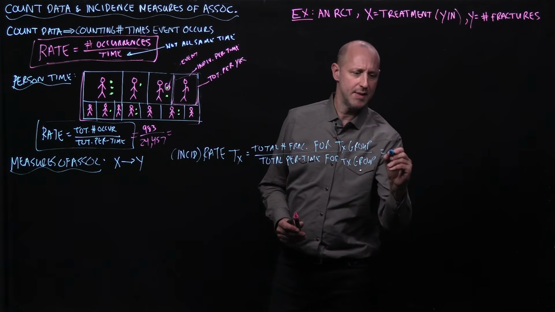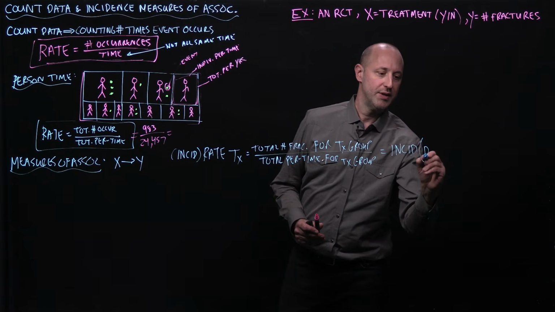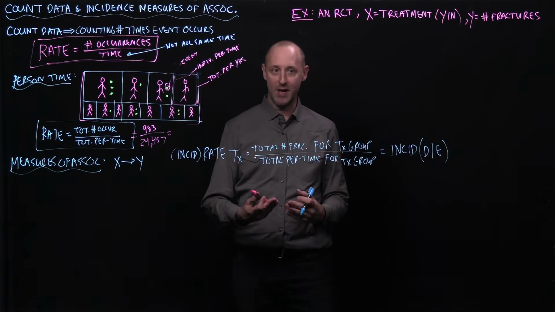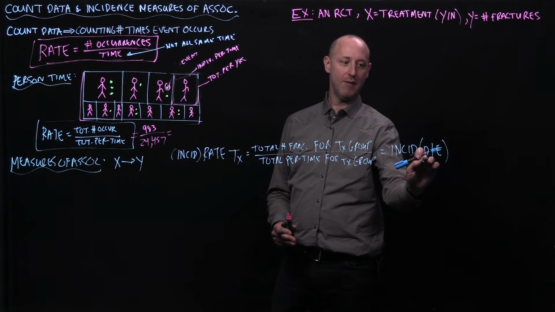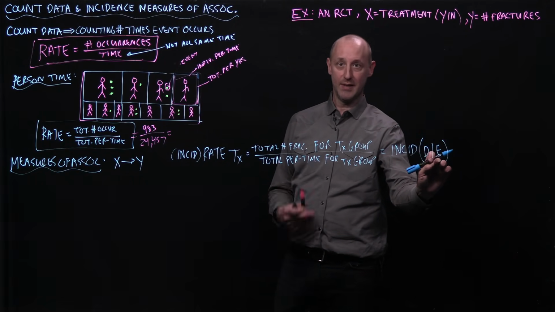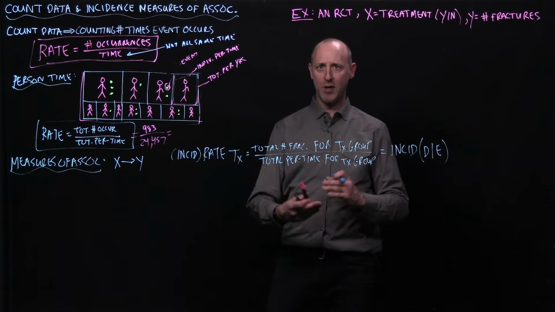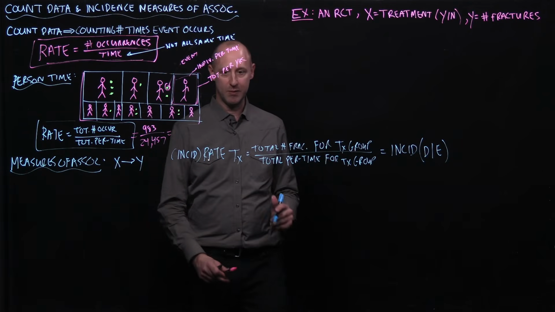Okay, and I'm going to label this as the incidence rate, generically for disease given exposed. Right, so this is the incidence rate, or the rate of fractures, for the treatment, the rate of fractures given they are exposed to the treatment. Okay, so this is the generic terminology we use in writing things down. The incidence rate for disease given they're exposed.